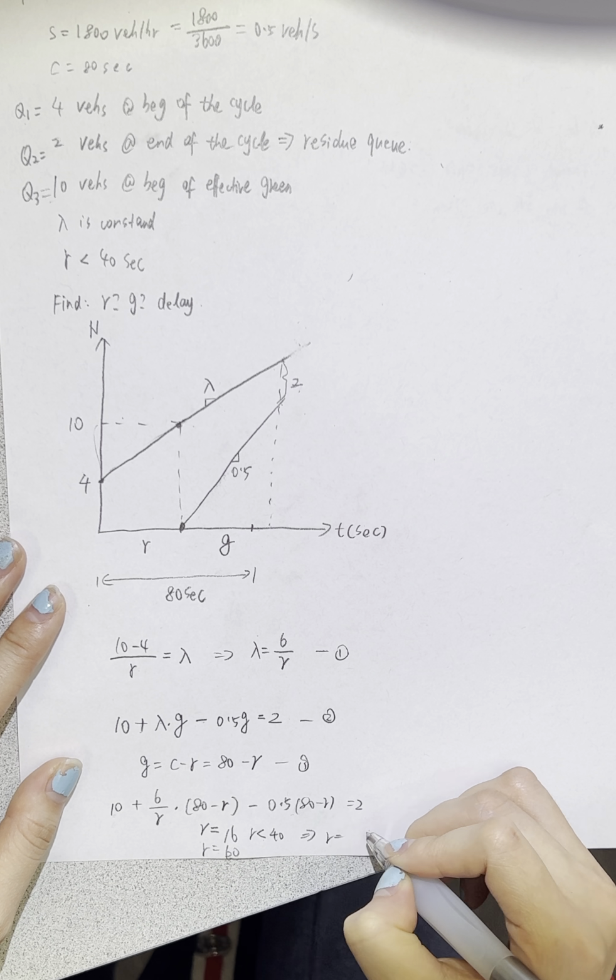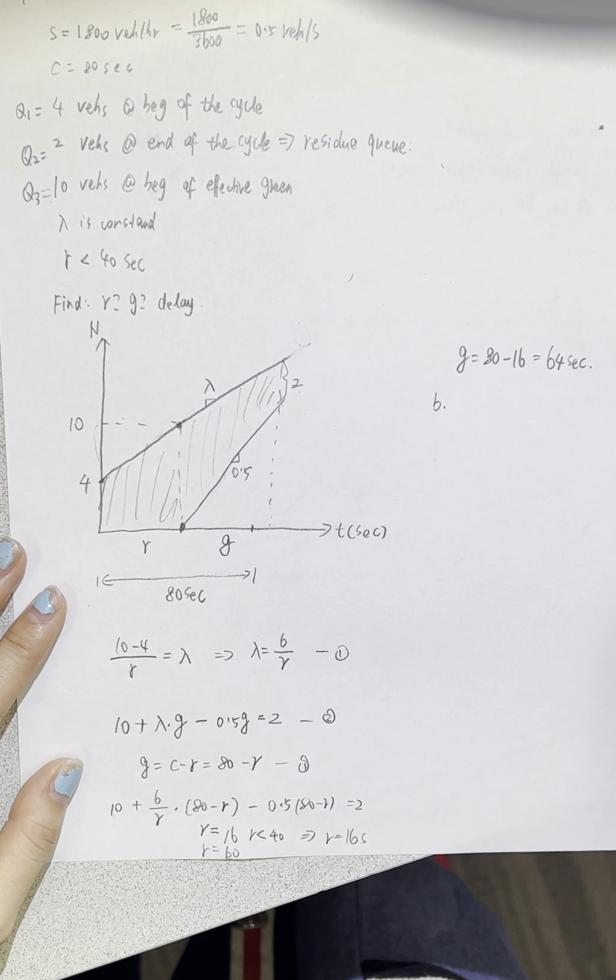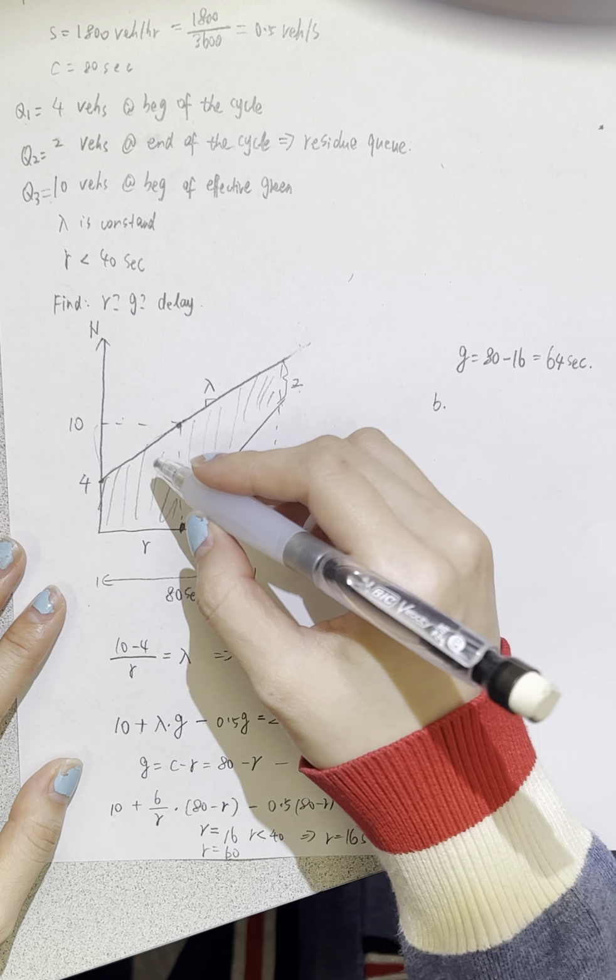For part B, we would like to calculate the total delay. As we know, the total delay equals the area of the difference between those two curves. To calculate that, we also need the arrival rate. Lambda equals 6 divided by r, which is 6 divided by 16, or 0.375 vehicles per second. For the total delay, we have two parts, two trapezoids.